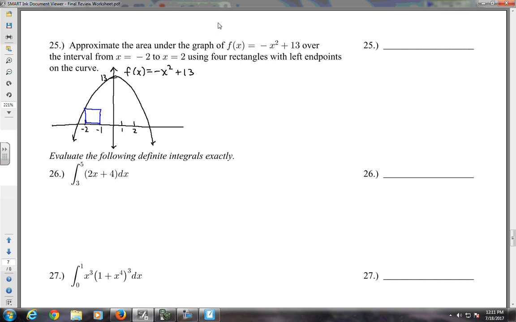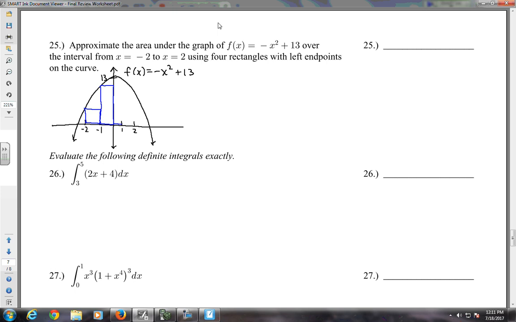So to approximate the area between the curve and the x-axis on this interval, I'm going to find the area of that rectangle. For the second interval, spanning negative 1 to 0, I'm going to do the same thing. I'm going to put the left endpoint on the parabola. That defines the height of my rectangle. I'll calculate the area of that rectangle to approximate area between the curve and the x-axis.